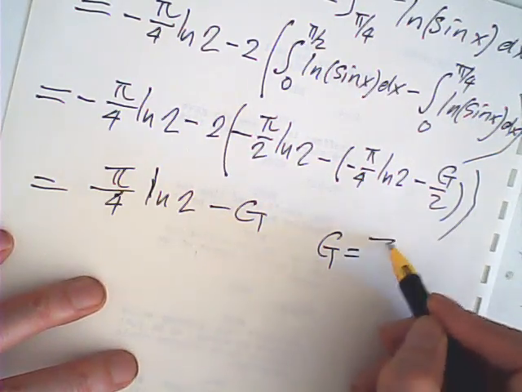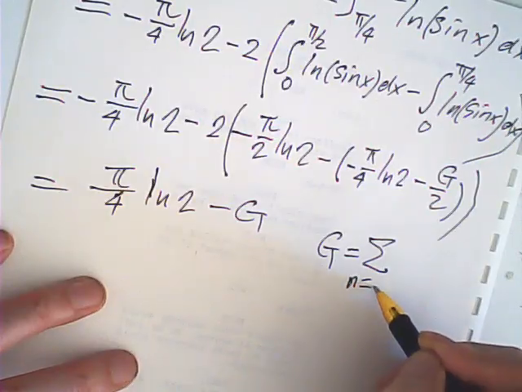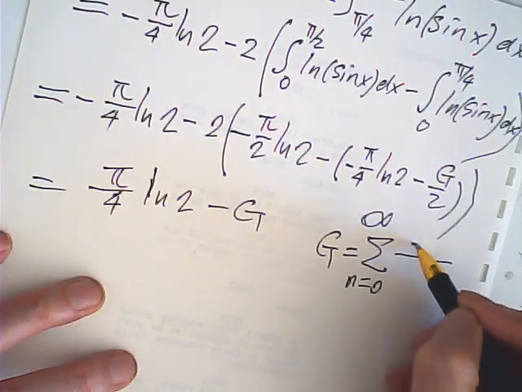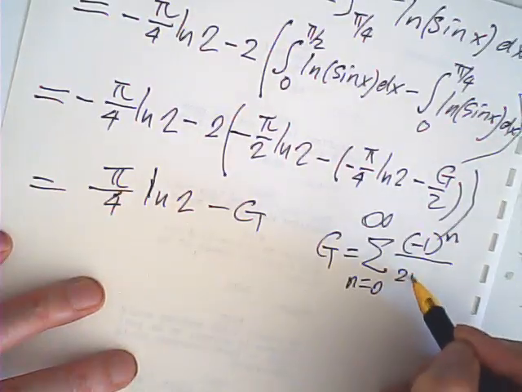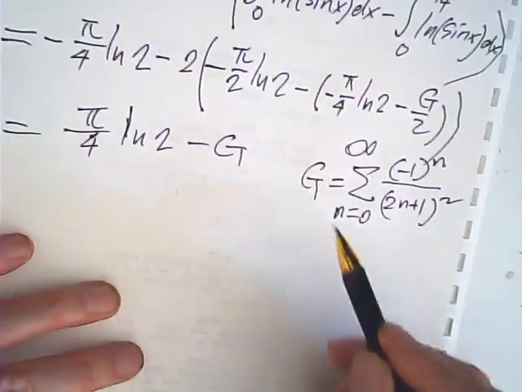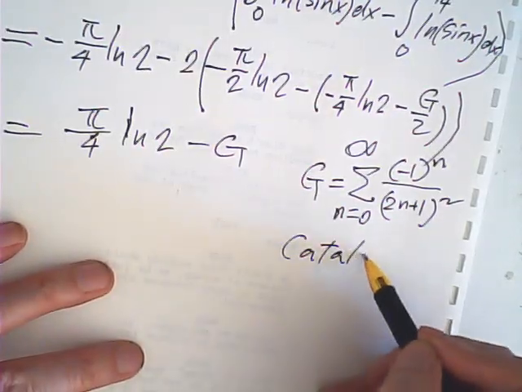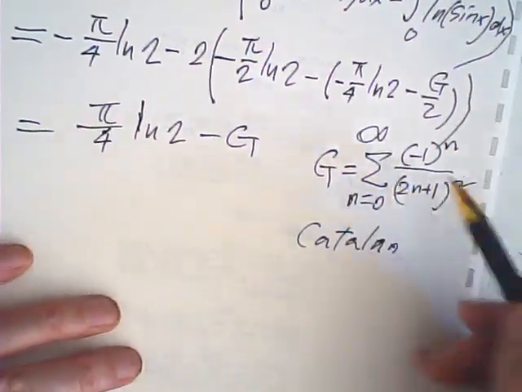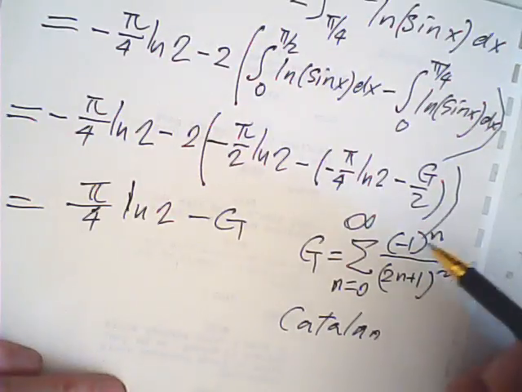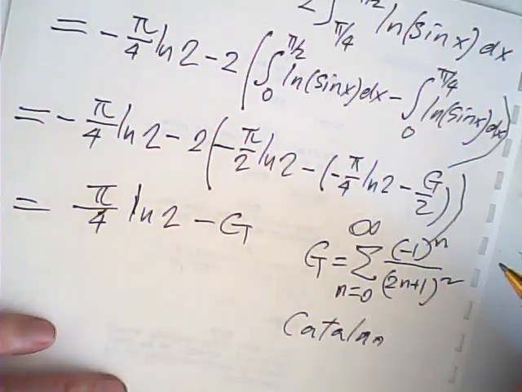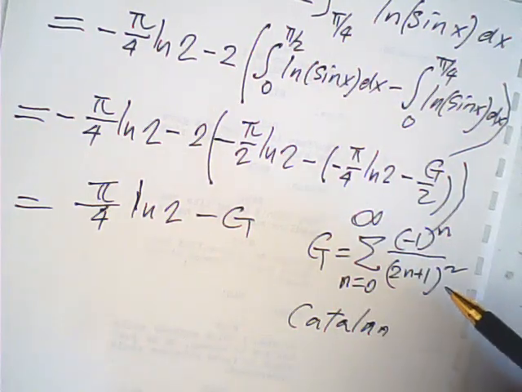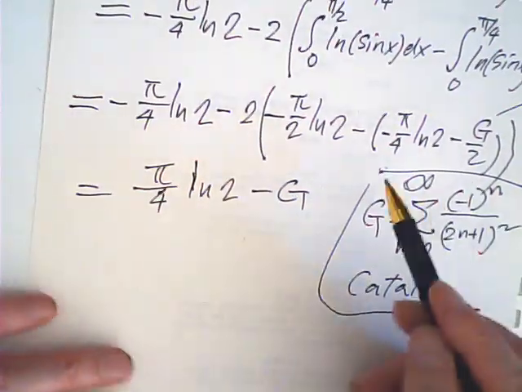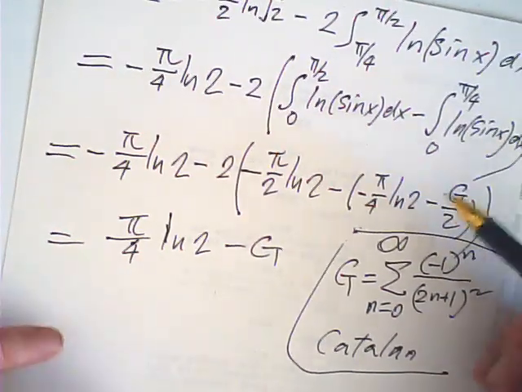G is the sum from n equals 0 to infinity of negative 1 to the power of n over 2n plus 1 squared. That's called Catalan's constant. Catalan's constant is the summation of an infinite series of reciprocal odd number squares. Okay, but anyhow, you can see the details in my previous videos.